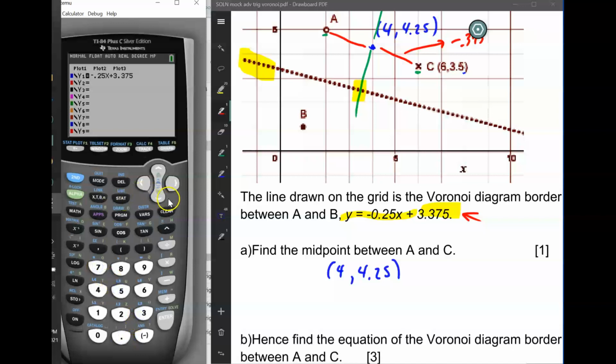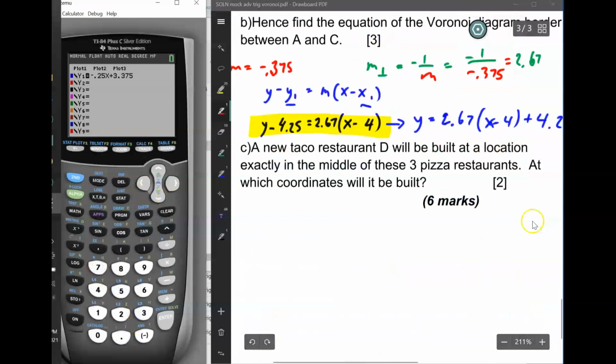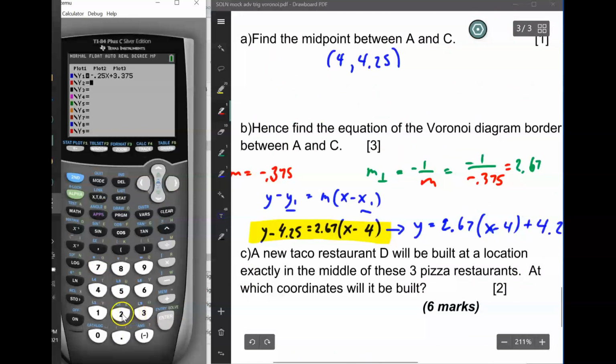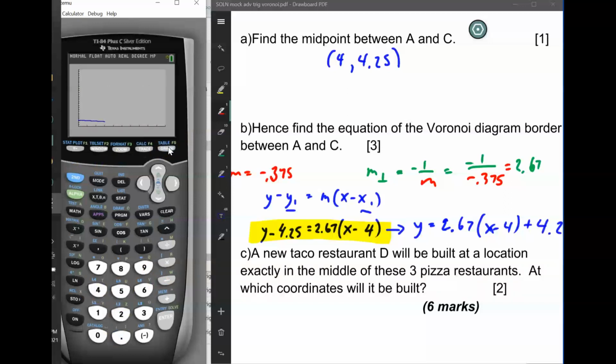And then the second function is going to be 2.67 times x minus 4, plus 4.25. And we're going to graph that. Okay, so we're going to have two lines intersecting, and we're going to find that point there.